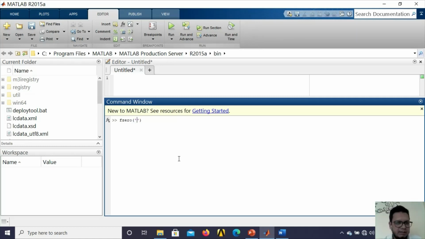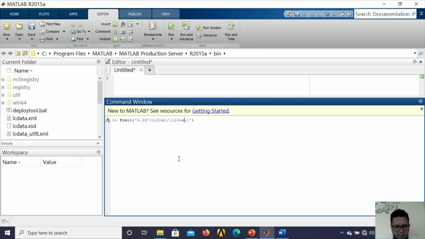The particle volume fraction, 0.33, times the thermal conductivity of the particle, 110, minus the effective thermal conductivity of the nanofluid, let it be x, over 110, the particle thermal conductivity, plus x.